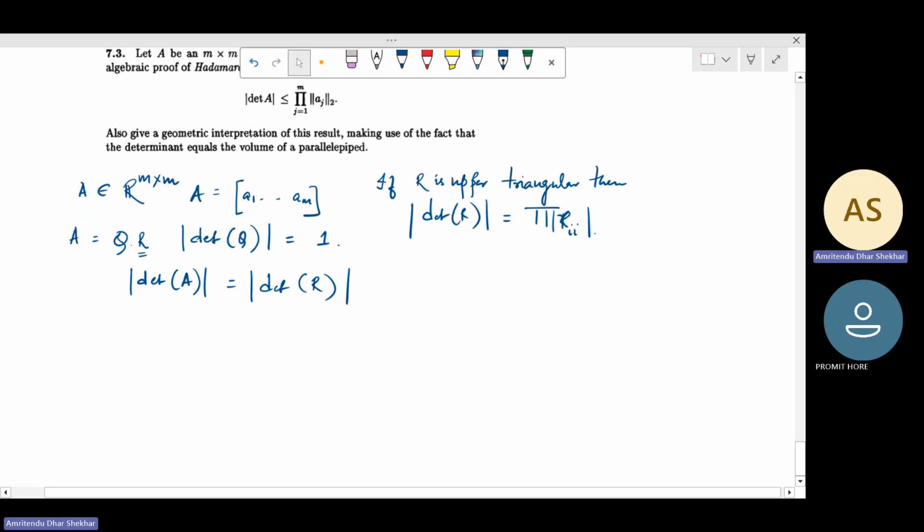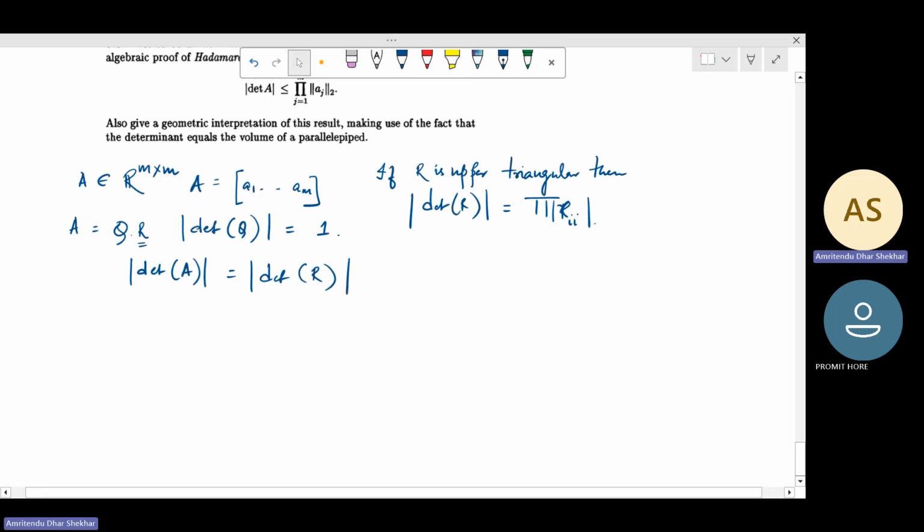In particular, for any k in general, you will write pk as equal to rkk times qk plus rk-1,k times qk-1 and so on, right?